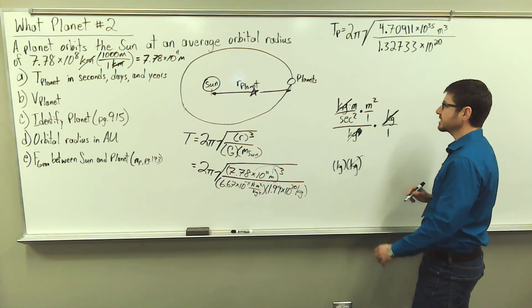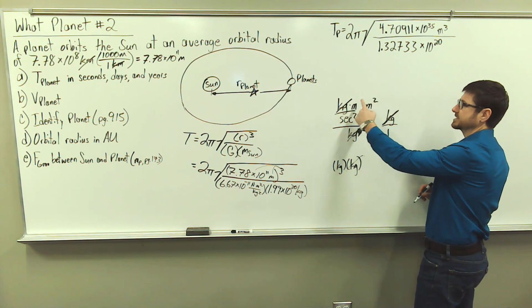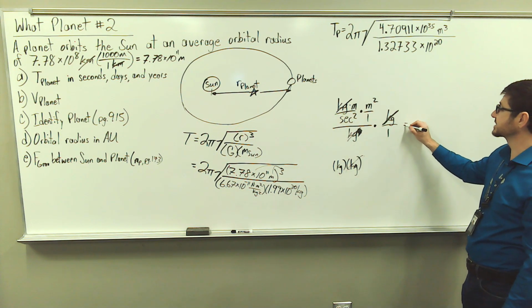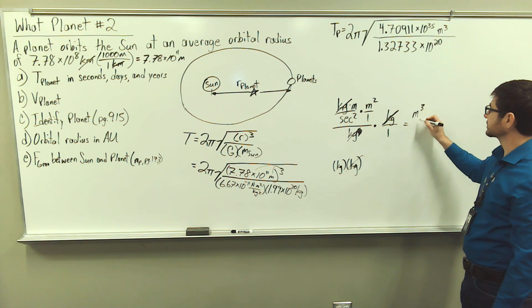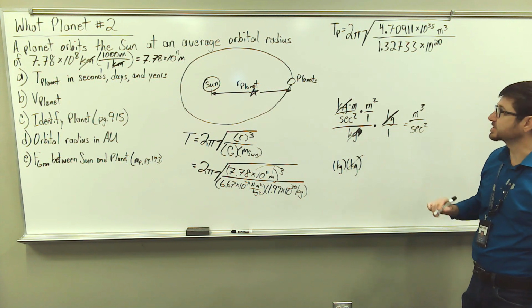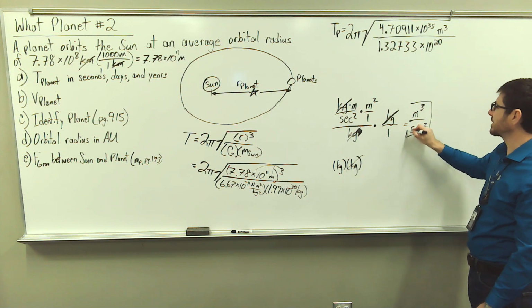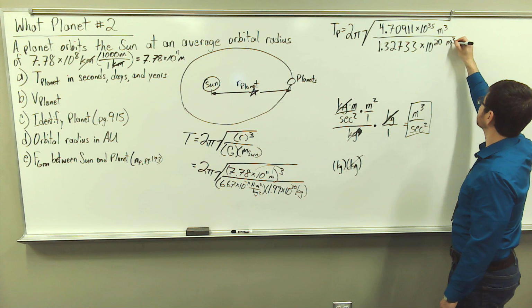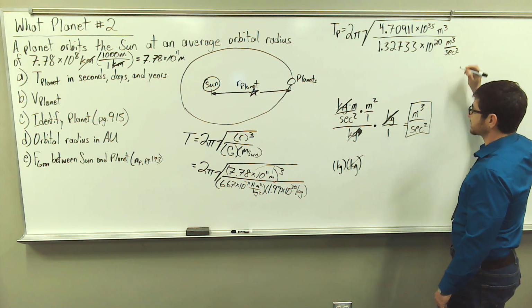Okay, so now all we're left with is meters per second squared times meters squared. And this is going to give me meters cubed per second squared. So these are going to be the units in my denominator underneath our radical here. So meters cubed per second squared.